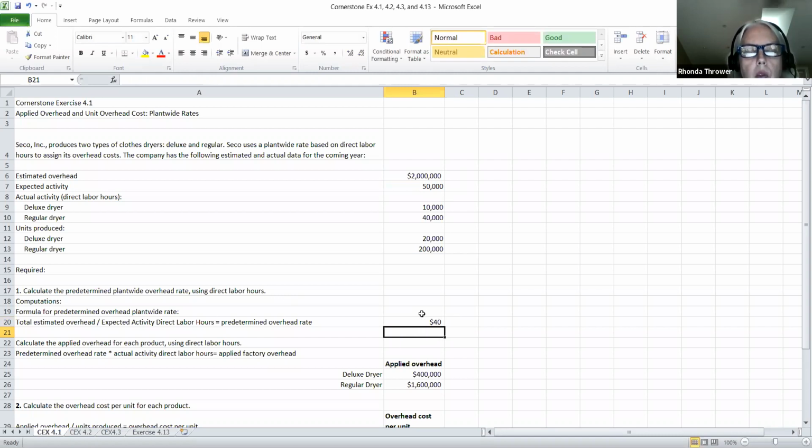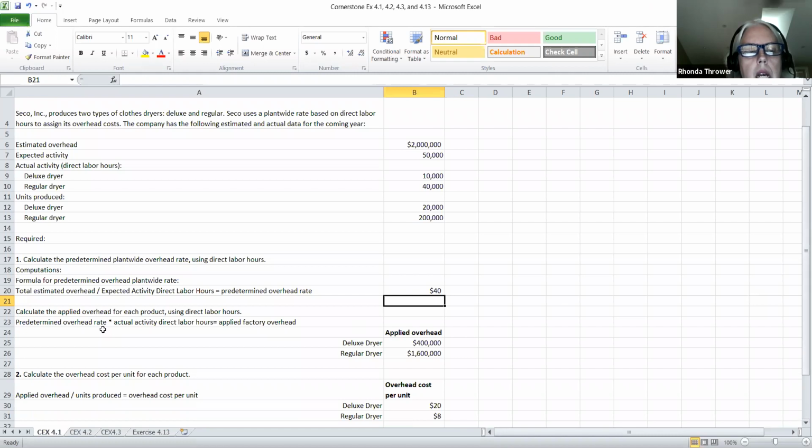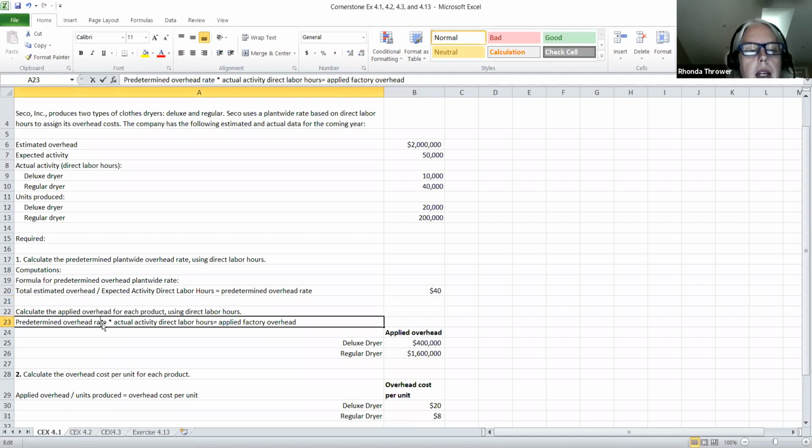We're going to use this predetermined rate to help us calculate the estimated amount of the applied factory overhead. The applied factory overhead is calculated by taking the predetermined factory overhead rate and multiplying it by the actual direct labor hours that we incurred during that period.